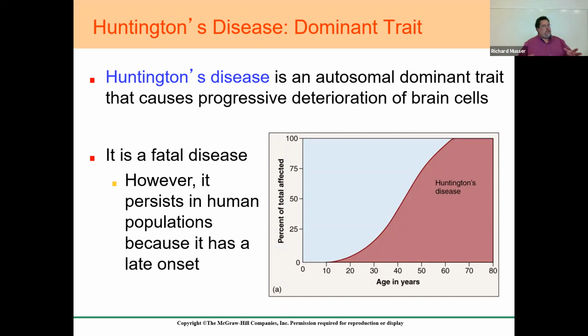Some disease genes like Tay-Sachs are selected away from the population through natural selection, because those individuals can't reproduce, while others can still be present because reproduction happens before their late onset.